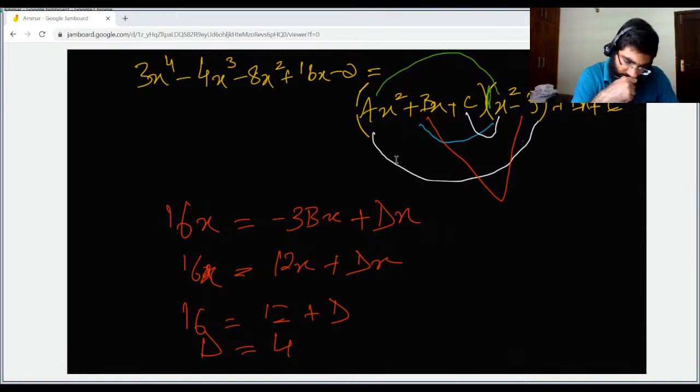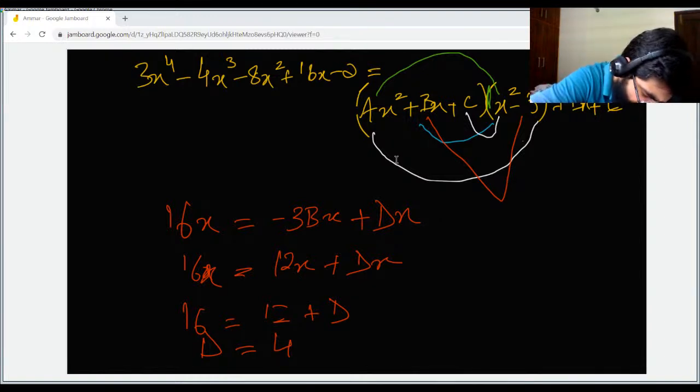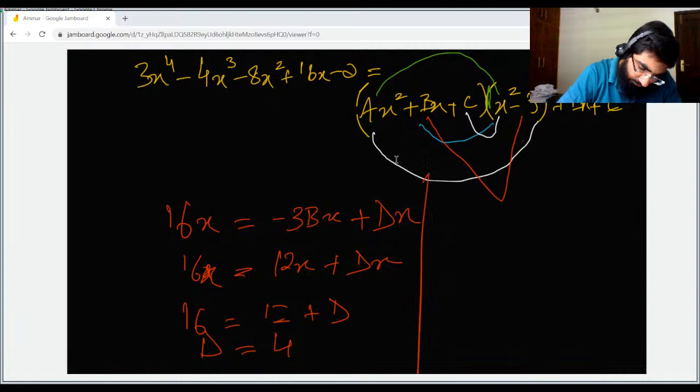And the constant will only be possible with minus 3 into positive c plus e. I get the constant when I multiply this c with negative 3 and add e.